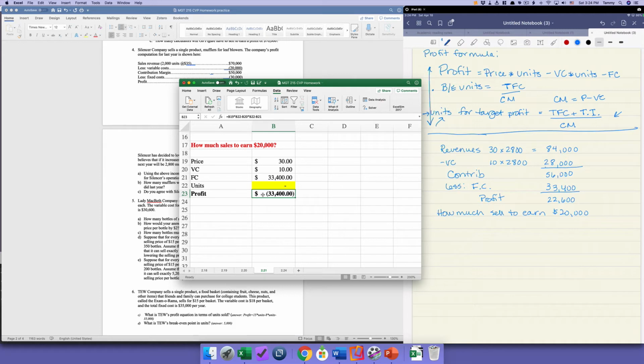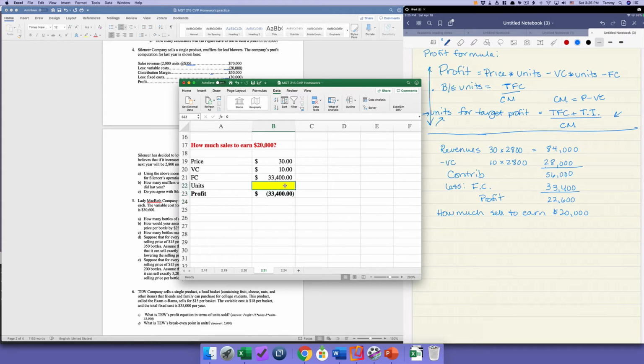Well, this is that formula. It's price, B19, times the units, which is in B22, minus variable cost, in cell B20, times B22, minus the fixed cost. So that's this calculation here.